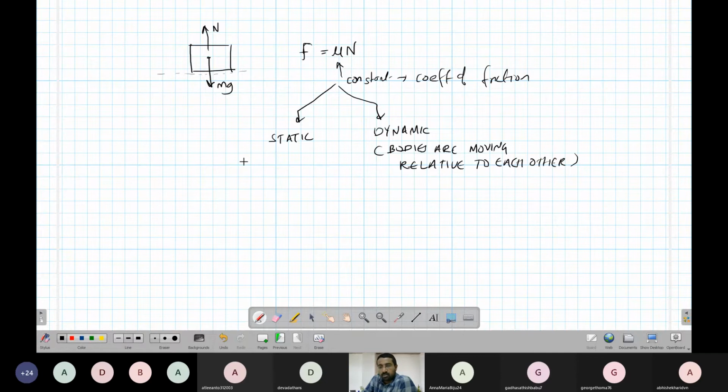Static means bodies are at rest. So this is the difference between static and dynamic friction.